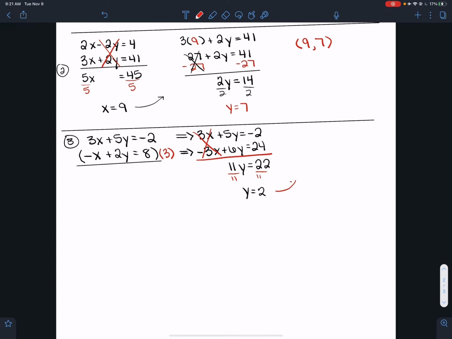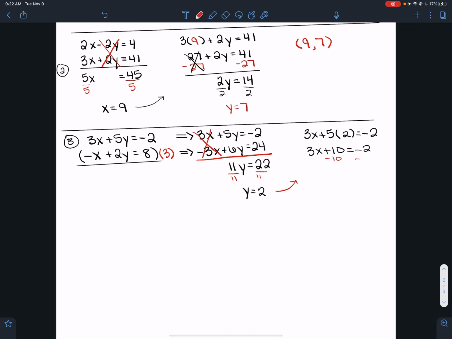And I'm going to substitute that into either equation. In this case, I'm going to go with the first one. So I've got 3x plus 5 times 2 equals negative 2. So 3x plus 10 equals negative 2.